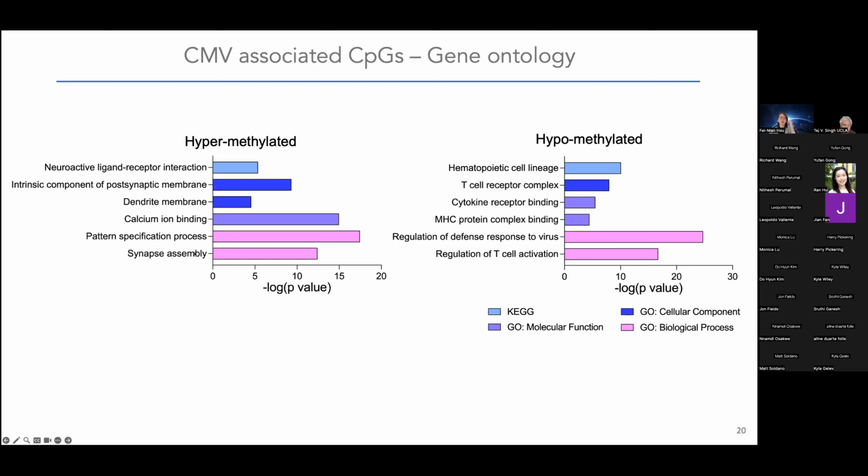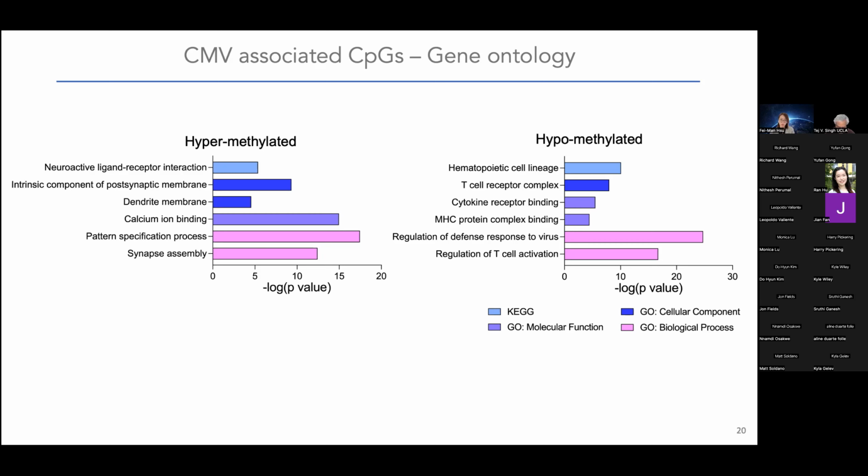So here means for those hypermethylated regions related to downregulation of that group of genes, they are more related to neural systems, which means the neural systems get attenuated after CMV infections. Remember, in the first slide, we know one of the features for congenital CMV infections includes seizure, vision loss, and also hearing loss.